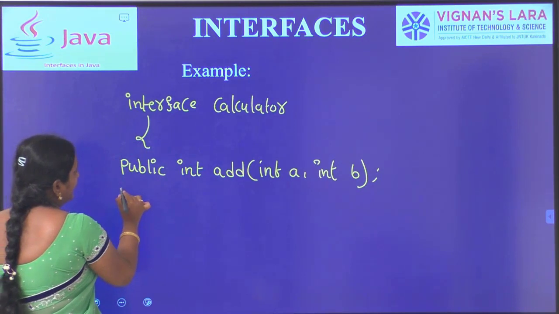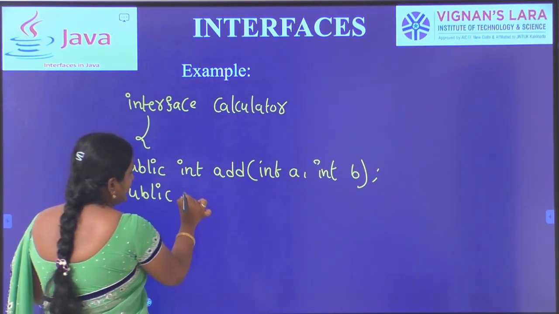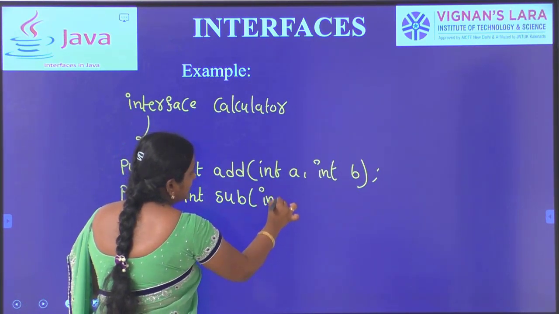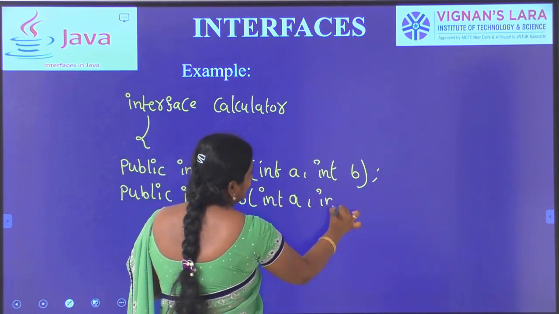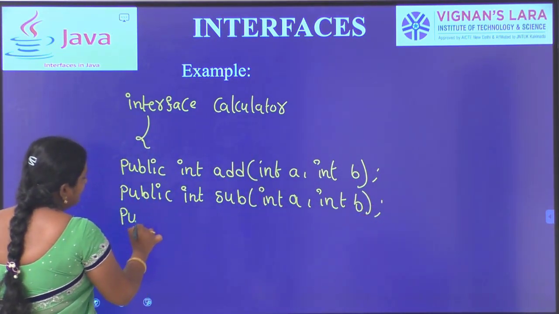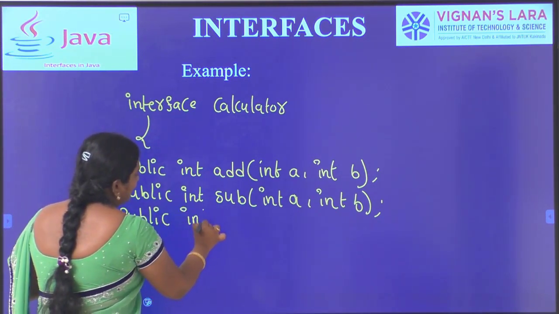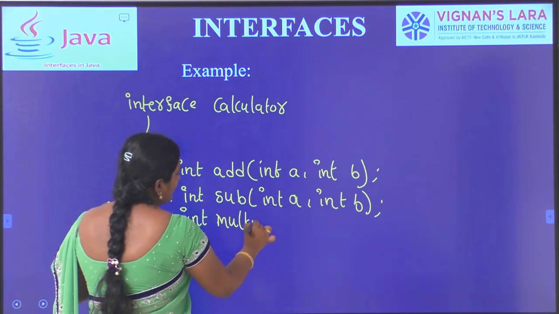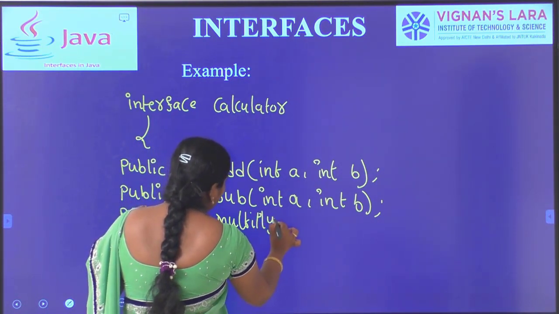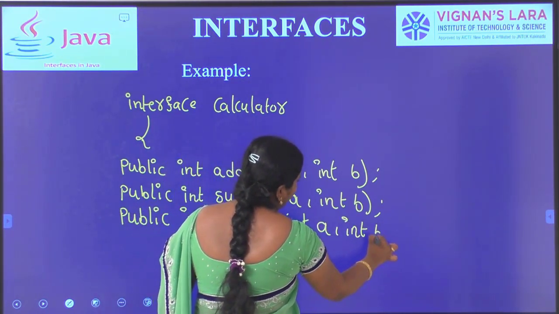Next, here I am taking one more method. All the methods declared within the interface should have the public access specifier. Here, public int sub, with two arguments, int a and int b. Next I am taking one more method: public int multiply, with two arguments, int a comma int b.